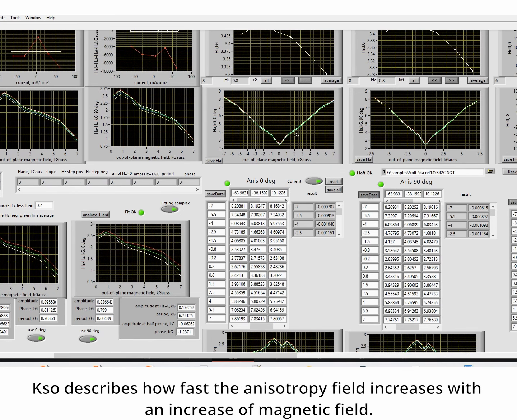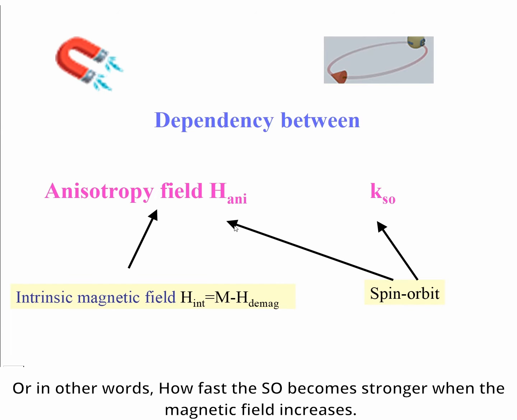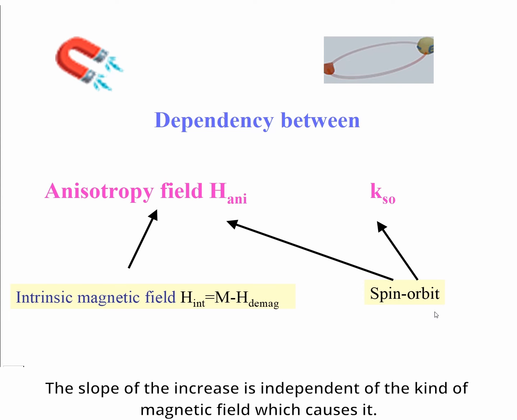Coefficient of spin-orbit interaction describes how fast the anisotropy field increases with increase of magnetic field, or in other words, how fast the spin-orbit interaction becomes stronger when the magnetic field increases. The slope of the increase is independent of the kind of magnetic field which causes it.